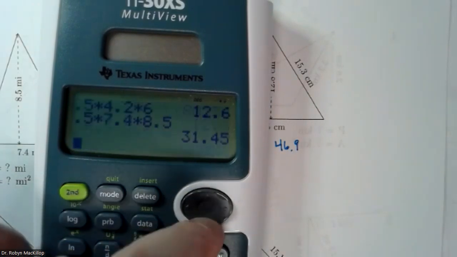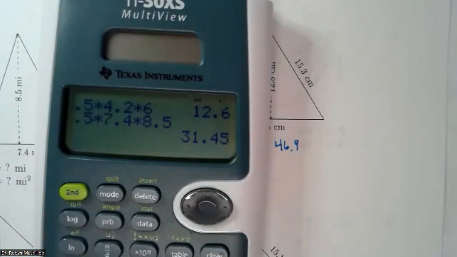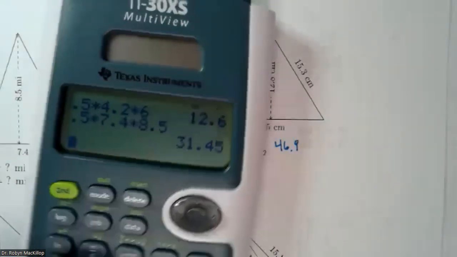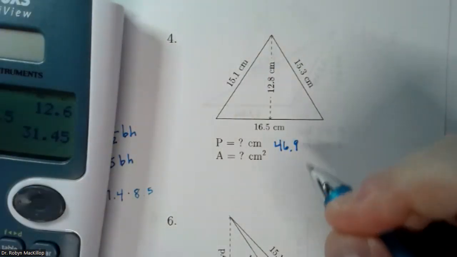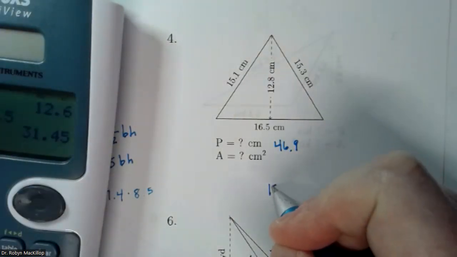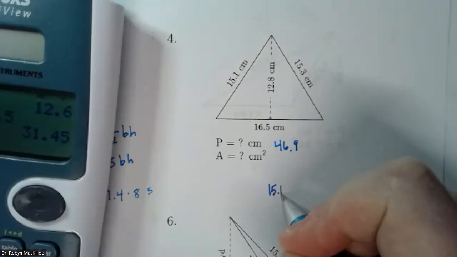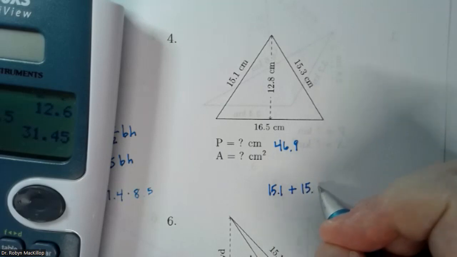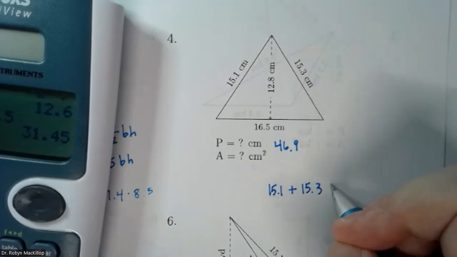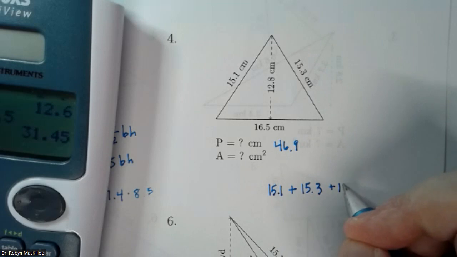So everything's in addition? Yeah, for perimeter, you're just adding. Okay, I happen to pick up the same calculator you have. Good, that's the one you need. And as we go along, I'll teach you how to use it more and more, because it can save you a ton of time on the test.